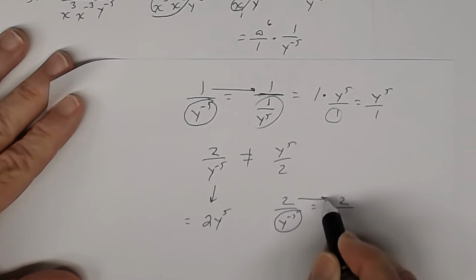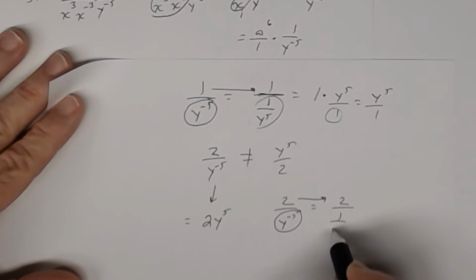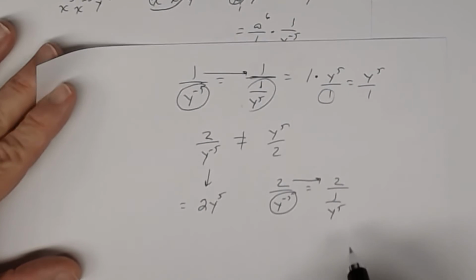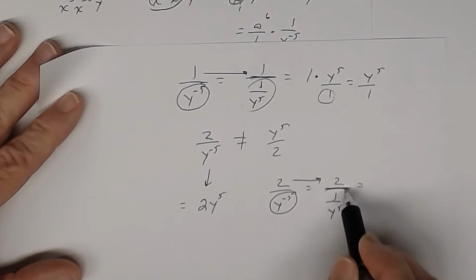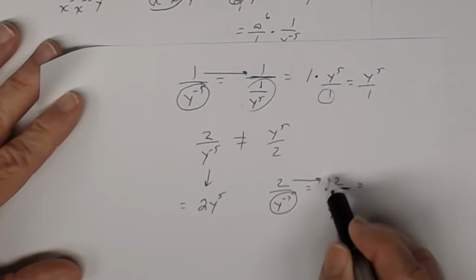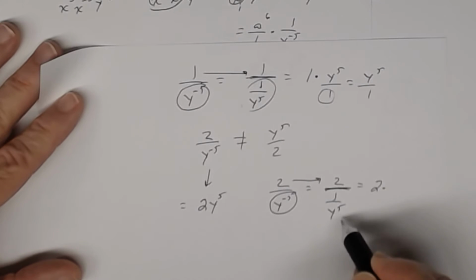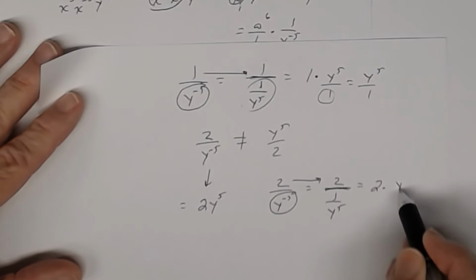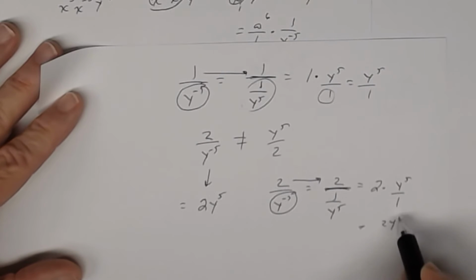This 2 is in the numerator. By definition, y to the negative 5th is 1 divided by y to the 5th. So now I'm going to divide those two fractions. I'm going to change the division to multiplication. So I take the fraction in the numerator, 2, times the reciprocal of the denominator, which is y to the 5th divided by 1. And notice 2 times y to the 5th divided by 1 is 2y to the 5th.